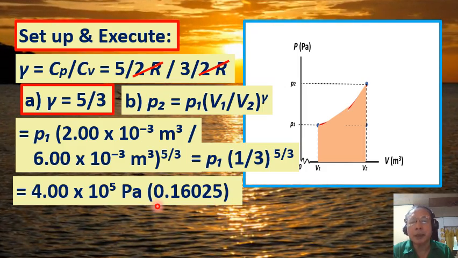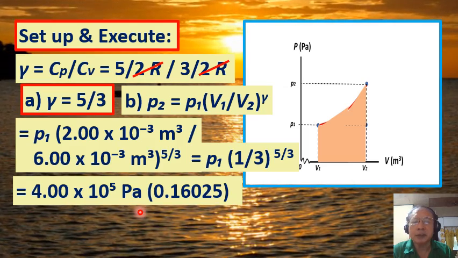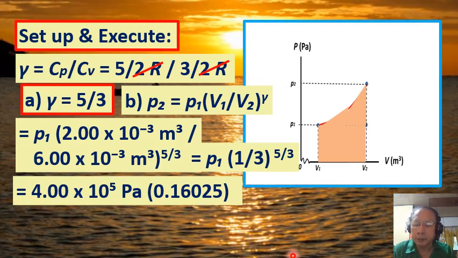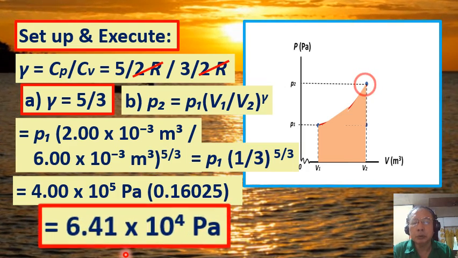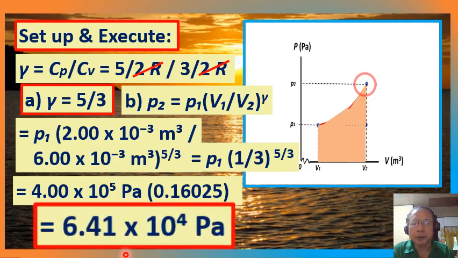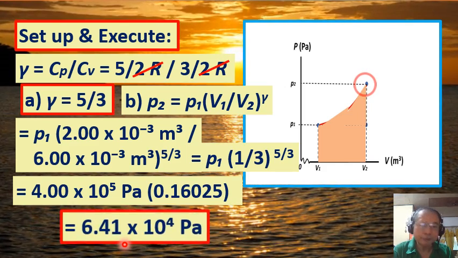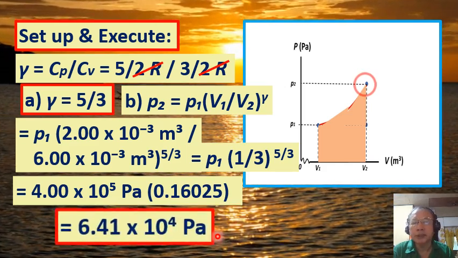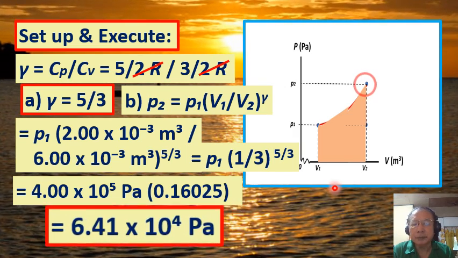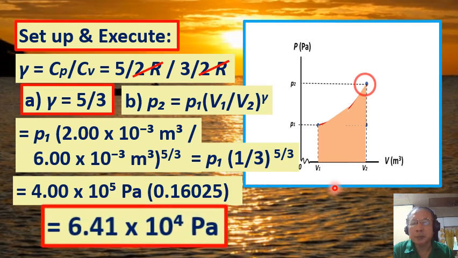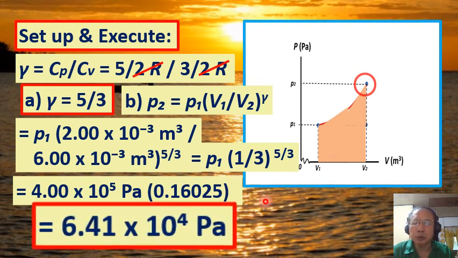So multiplying it by the value of P1, which is 4.00 times 10 to the 5th power Pascal, we get the final pressure P2 equal to 6.41 times 10 to the 4th power Pascal. So this is the final pressure of argon gas when it expands adiabatically from state 1 to state 2.